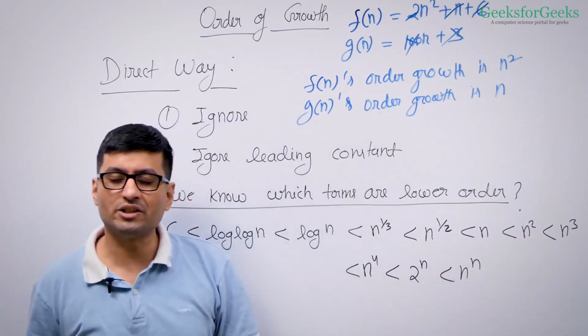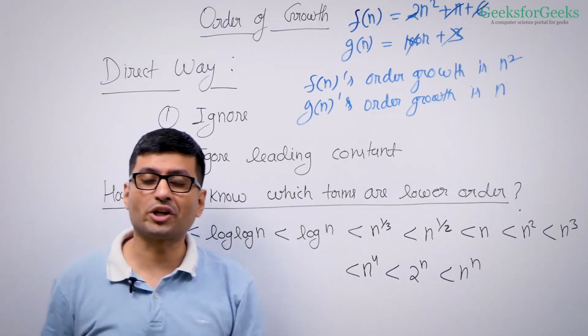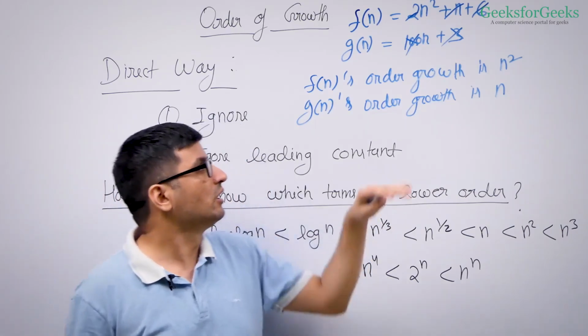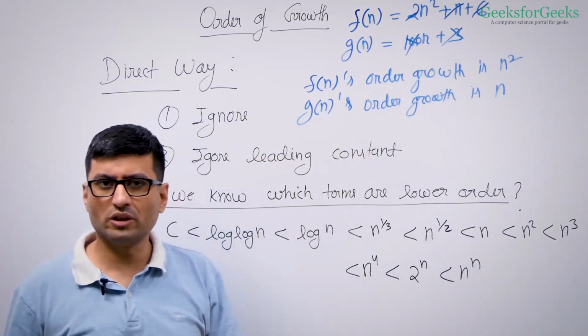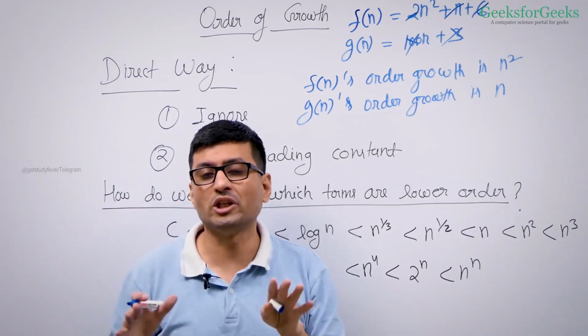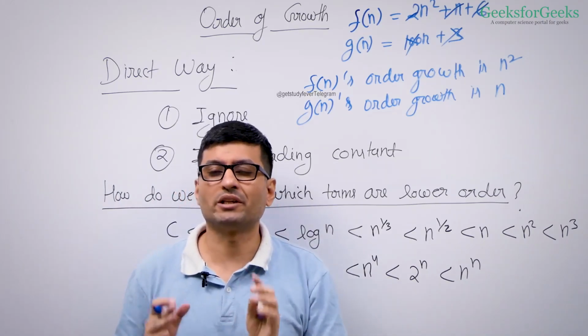The time taken by Gn is going to grow slowly when n grows, and we are talking about n tends to infinity. So that's the general idea, the direct way to find out the order of growth. Ignore the lower order terms, ignore the leading constants, find out the order of growth and simply compare them.